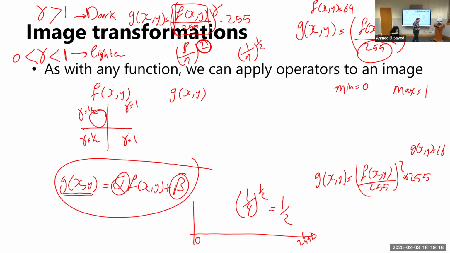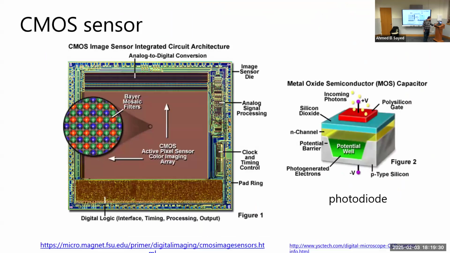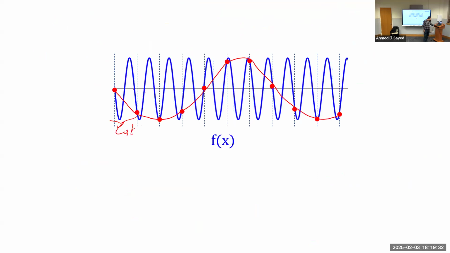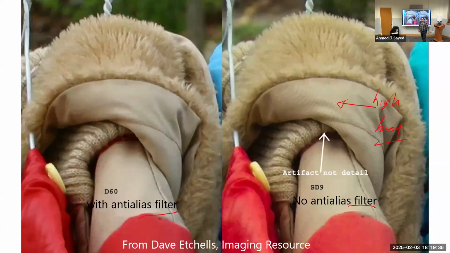Can we use filter? So can we use the alpha beta technique or the gamma technique or the histogram equalization to solve this anti-aliasing problem?